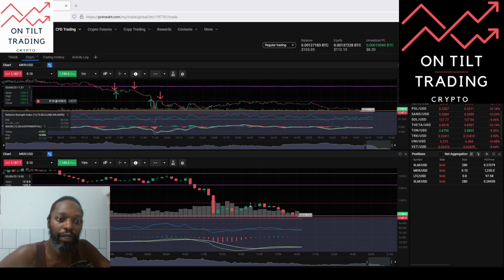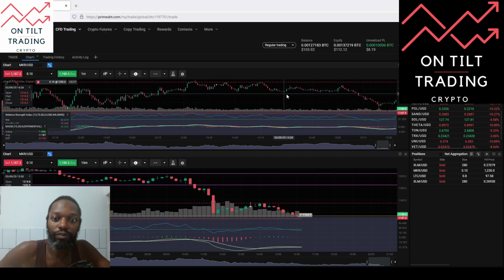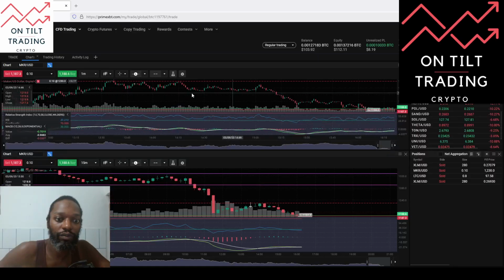But back up here for Maker, first entry and exit here. Then we have entry, second entry, and then this is the S4 target. So no go. This one's green, and now we're sitting on this entry here. And then if we zoom in, we can see we did some consolidating at a higher price level.